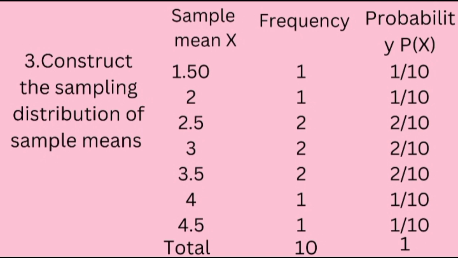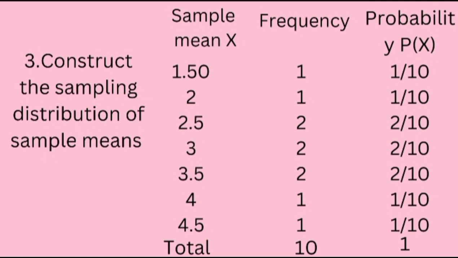In the second column, we're going to find the frequency of each sample mean. In the third column, we're going to get the probability of each sample mean. The sample means are 1.5, 2, 2.5, 3, 3.5, 4, and 4.5. Next is the frequency.